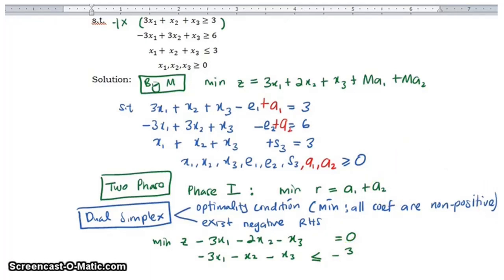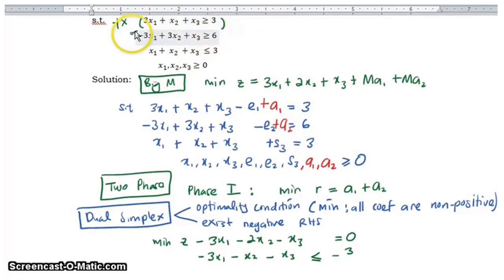Same to the second constraint. If we change the constraint to the standard form, we need to subtract an excess variable, and then we need to add an artificial variable. Then we cannot use dual simplex. So to avoid using artificial variable as basic variable, we need to change the sign of this constraint.